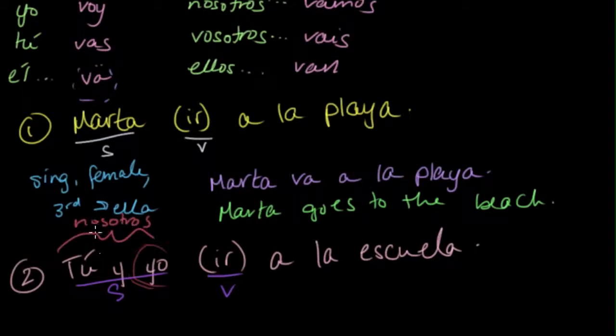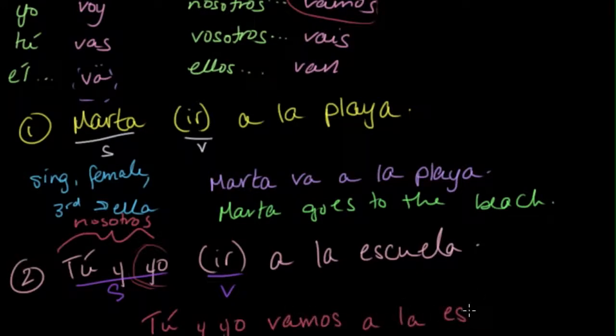And I'm just going to default to nosotros, although it doesn't really matter in this case because the conjugation is the same. So, we need the nosotros conjugation of the verb ir, which we see up here is vamos. So we can write out our sentence. Tú y yo vamos a la escuela. You and I go to school.